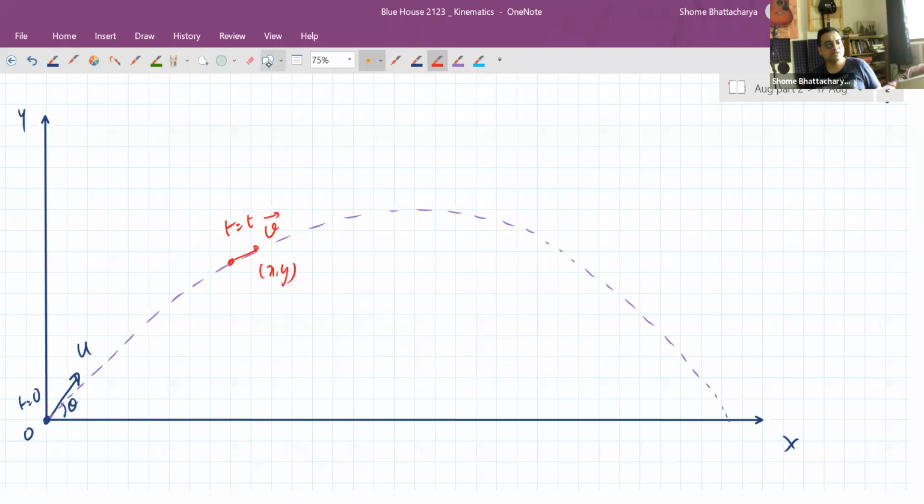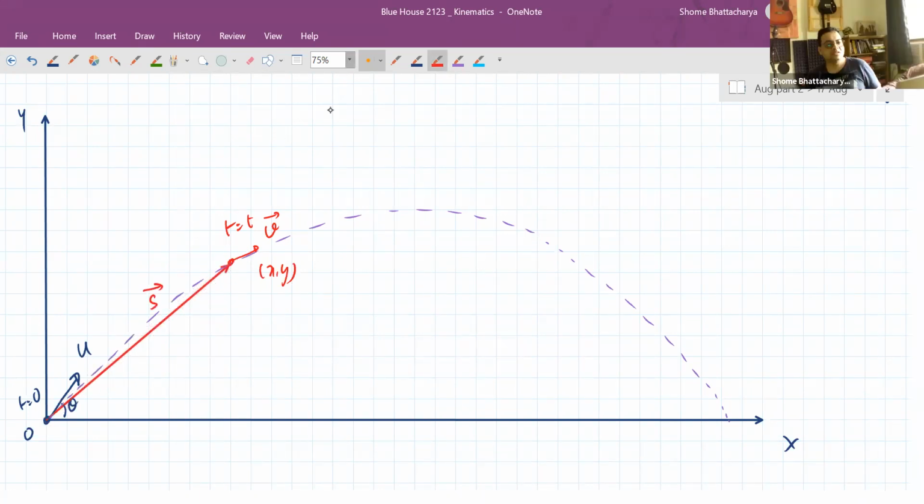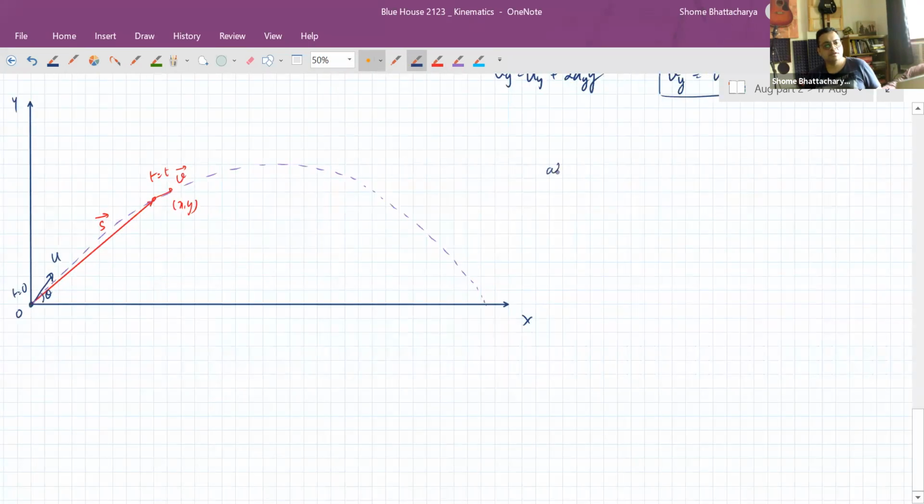Okay. And then we can see that from this time to this time, 0 to t, the displacement will be this vector here. Displacement is the vector joining the initial position with the final position. So in this interval of time from 0 to t, the displacement will be nothing but x i cap plus y j cap.